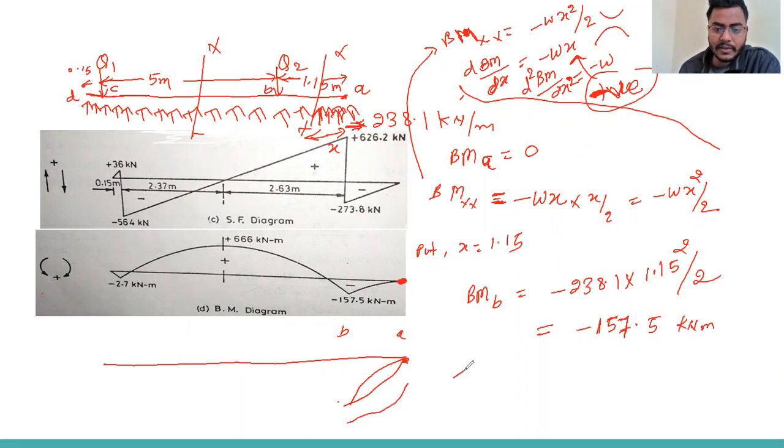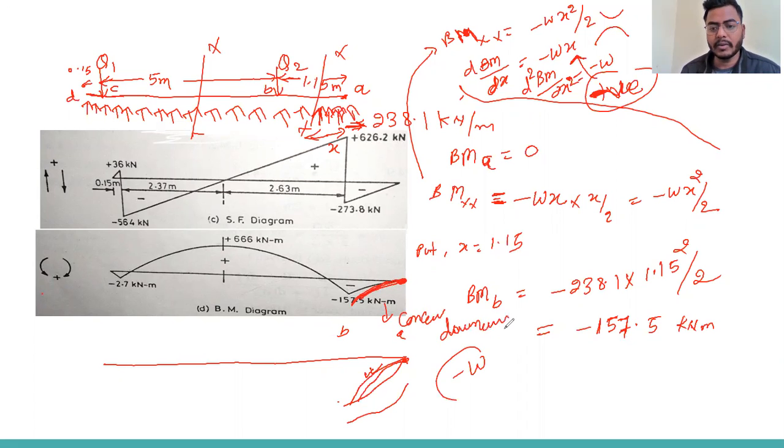But here in this case we got minus W. It means the double differentiation of bending moment with respect to x is coming negative, so it will be the case of concave downward. So this will be correct. That is written here like this.